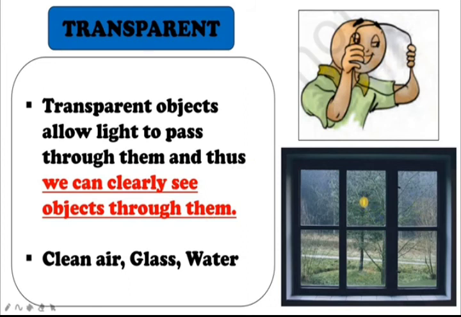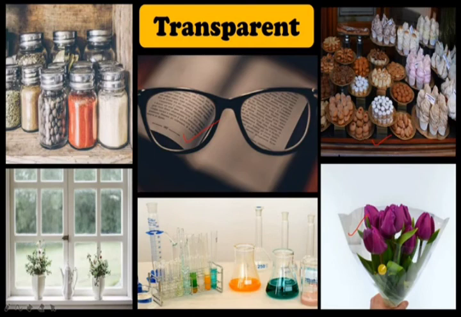So that type of objects can be called transparent objects. I hope you understood regarding transparent objects. I think you have learned the same thing in the previous chapter itself, the transparent objects, right? These are the examples of transparent objects.